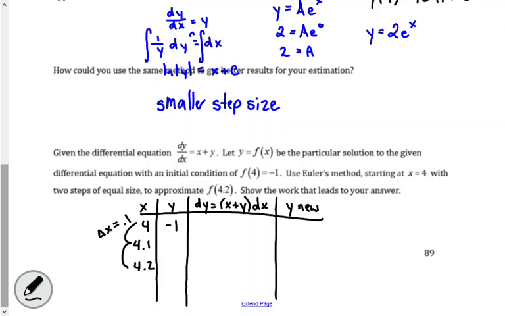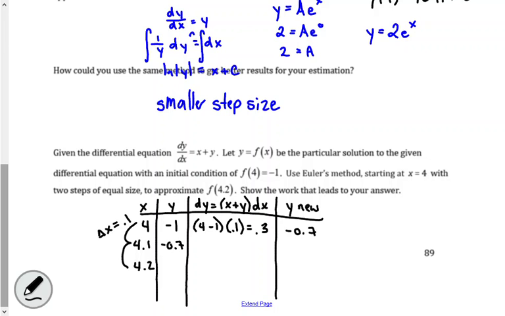Our dy is 4 minus 1 times 0.1, which is 0.3. So -1 plus 0.3 is -0.7. Is that right? So my new y value is -0.7.